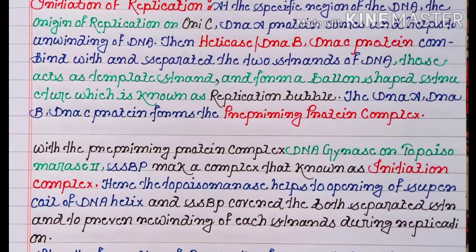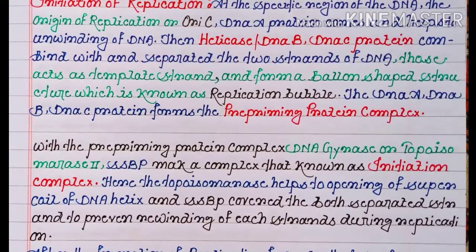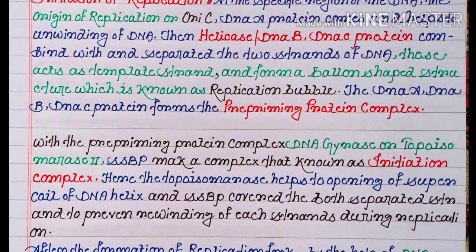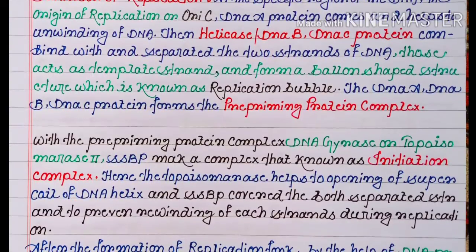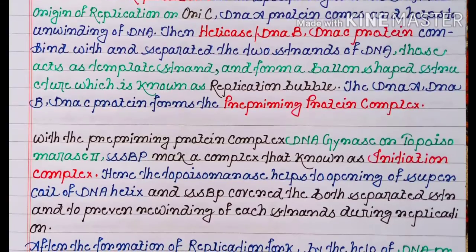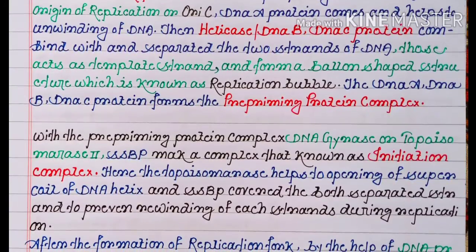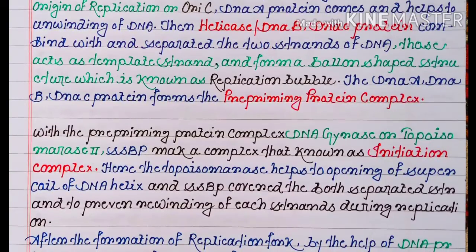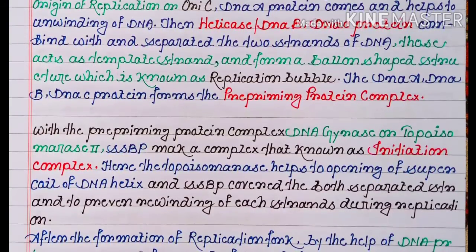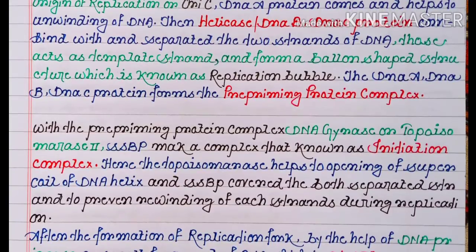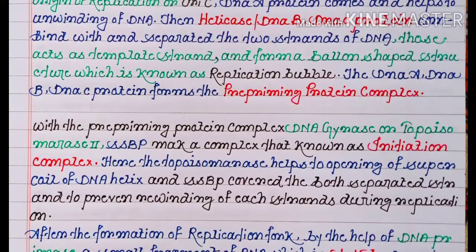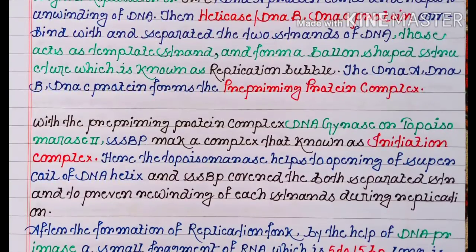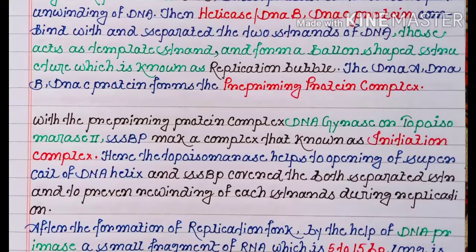replication bubble. The DnaA, DnaB and DnaC proteins form the pre-priming protein complex. Now with the pre-priming protein complex, DNA primase, topoisomerase 2 and SSBP make a complex that is known as the initiation complex.